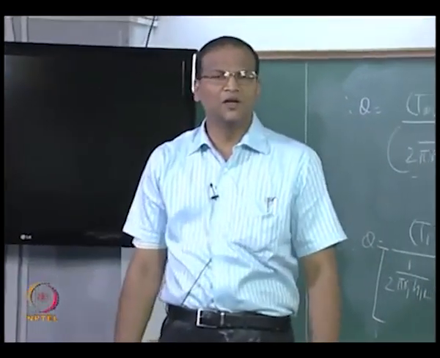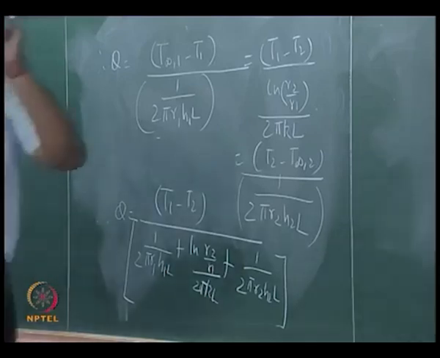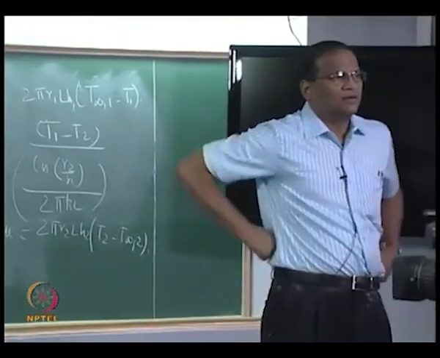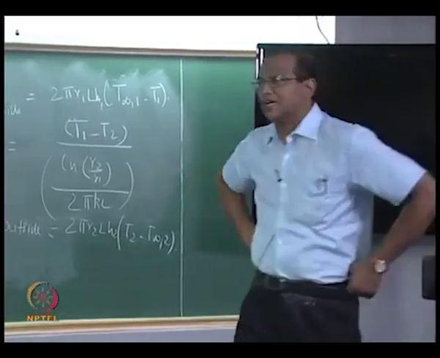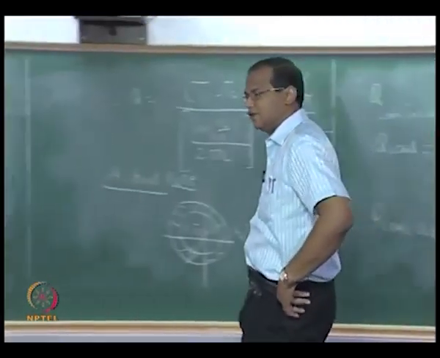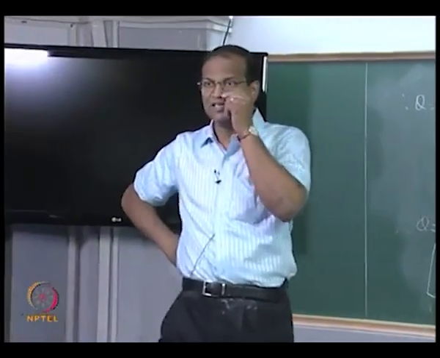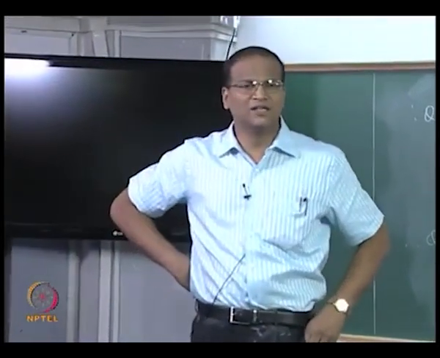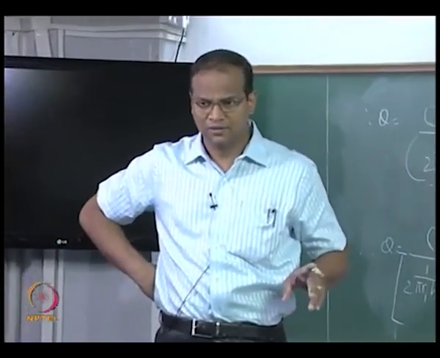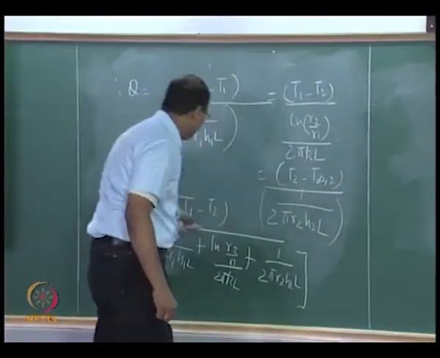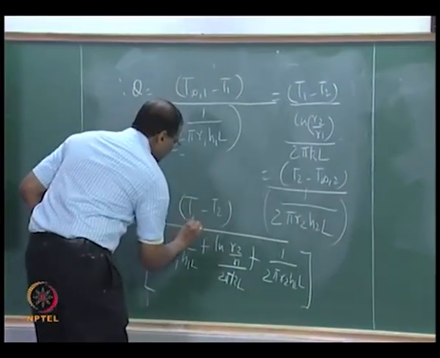So the three terms in the denominator are, the first term represents the convective resistance on the inside, the second term represents the conduction resistance across the thickness of the tube, and the third term represents the convection resistance on the outside. The first and third terms are also called surface resistances.